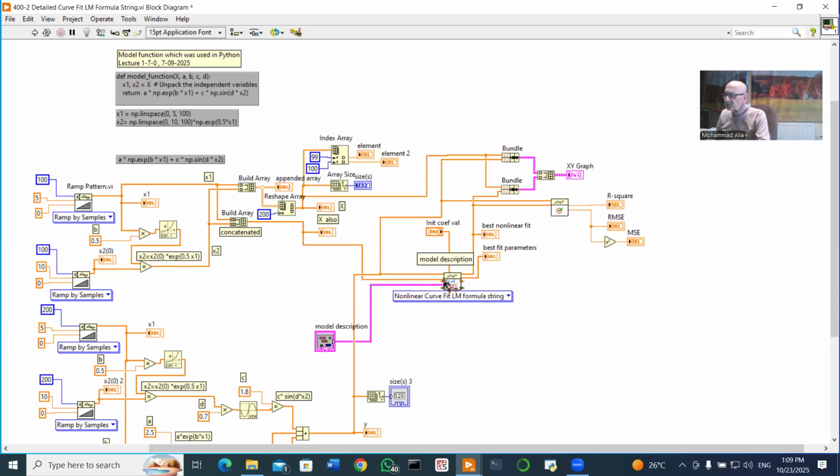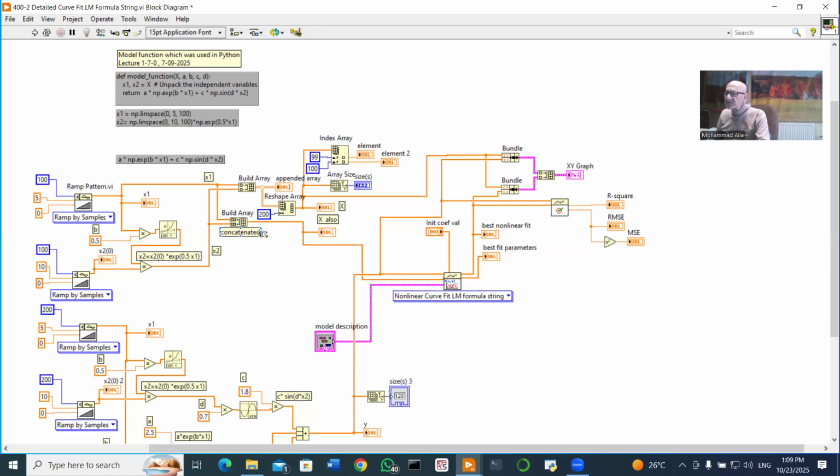In order to work with this function, the size of both arrays at the input X and at the input Y must be the same.